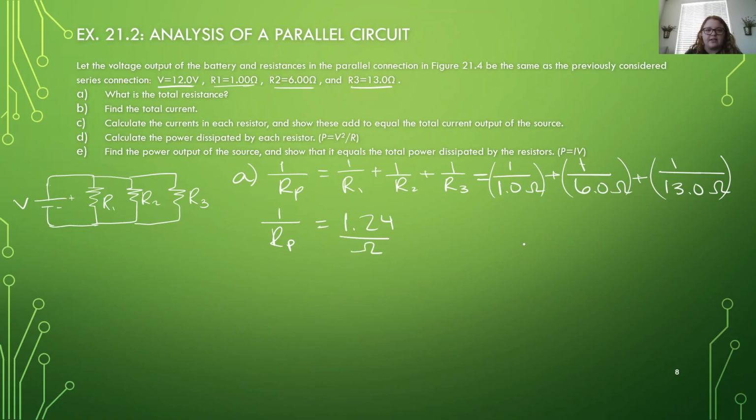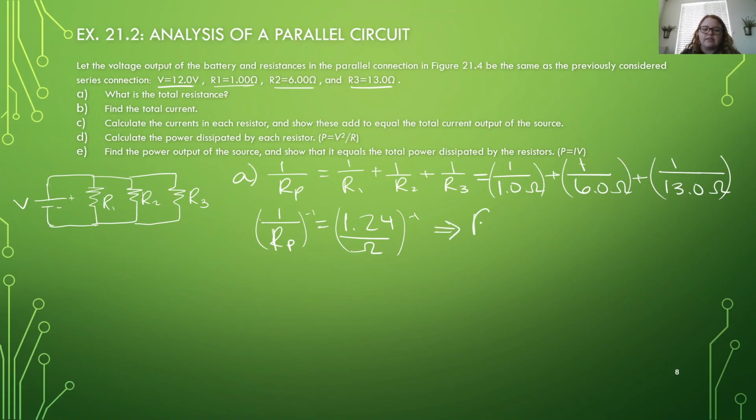And my units, ohms, are on the bottom. That's fine because we still need to flip it, right? So now we need to multiply this by each side, or what we can do is take the inverse on each side. I think that's the easiest thing, especially when you're plugging it into your calculator.